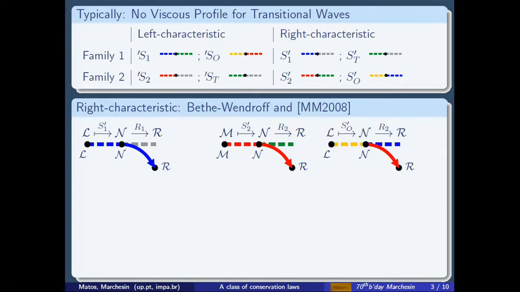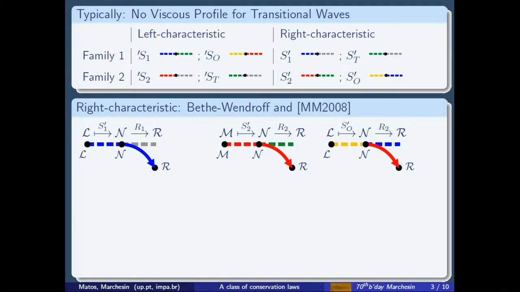But we have also a third one that is the left characteristic shock of overcompressive type. And this shock is in the middle of an overcompressive shock and a 1-shock.